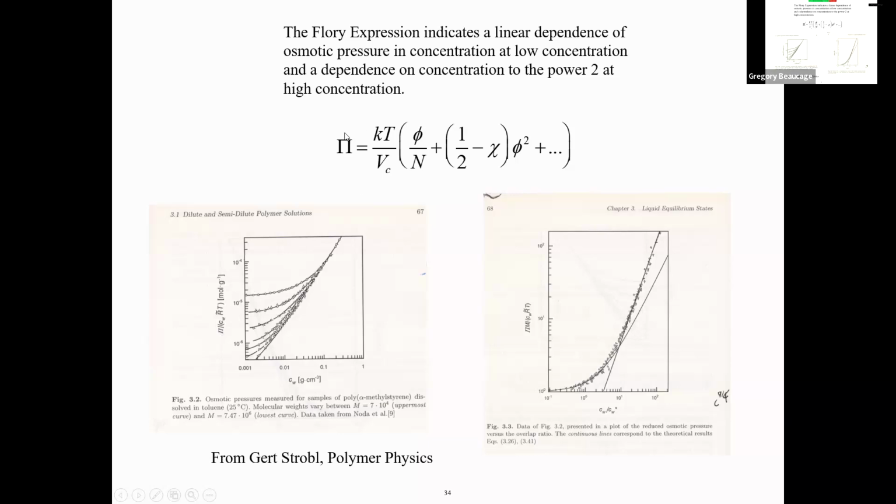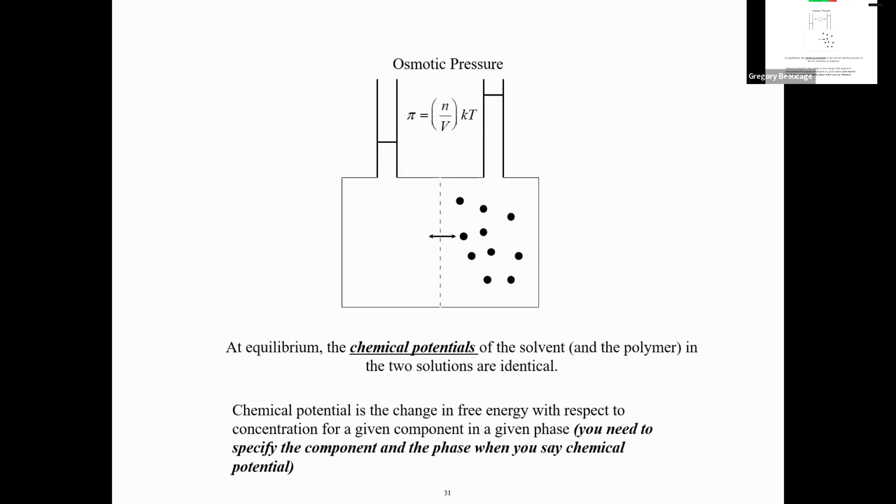This capital pi is osmotic pressure. You measure that in a membrane osmometer. You have this kind of setup. In imagination, it probably looks different, but you have something like a cellulose membrane. The polymers can't go through it. You have solvent on one side and a solution on the other. Initially it's a dilute solution because you want the low concentration limit where you get the molecular weight.